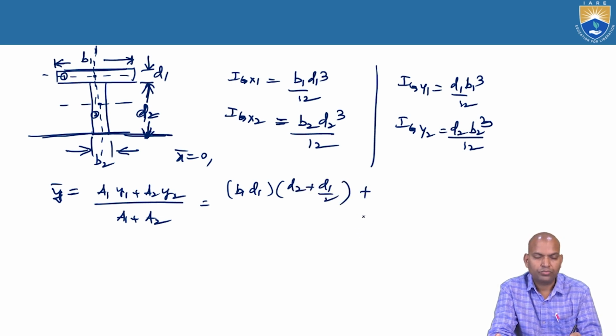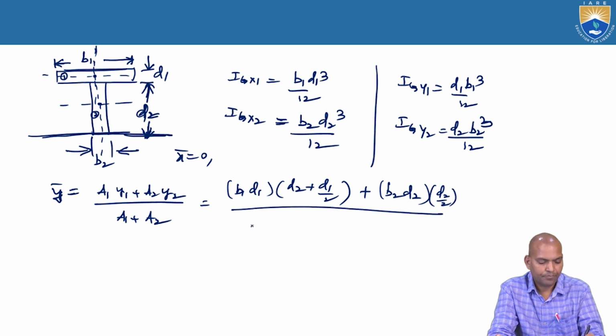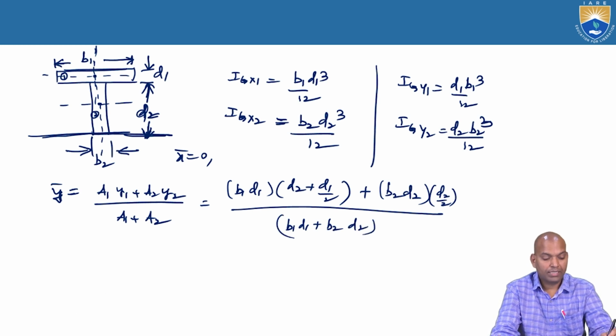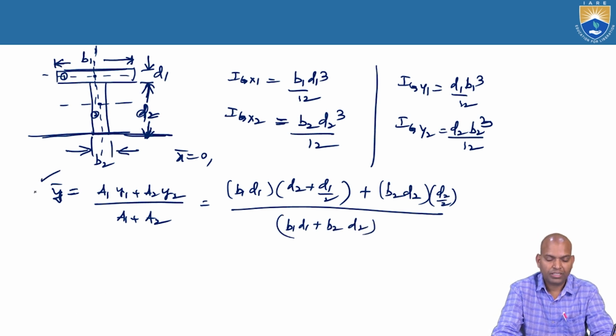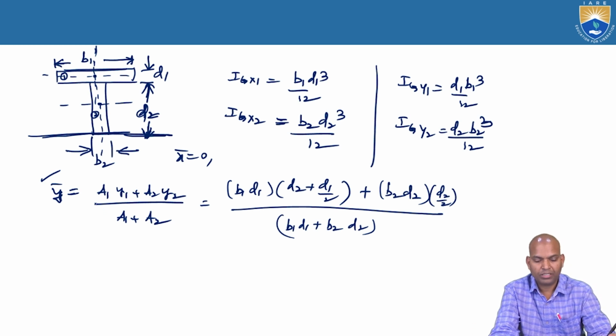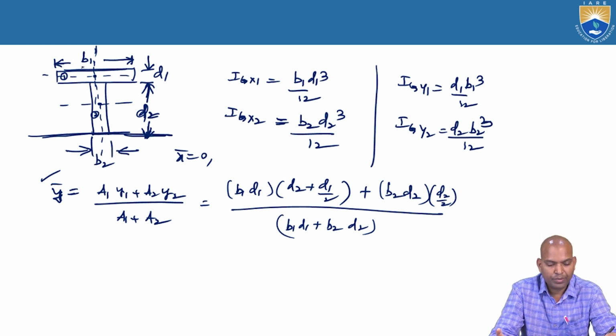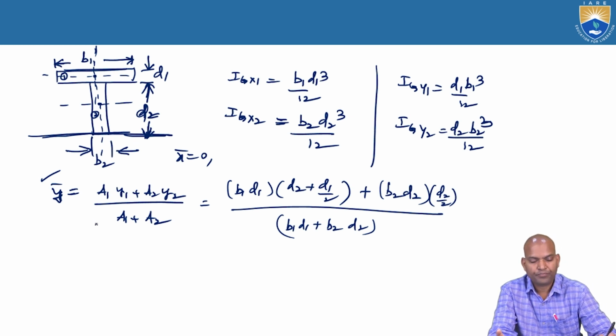What about a2? a2 is b2 d2, and y2 is d2 by 2, divided by a1 plus a2, that is b1 d1 plus b2 d2. We'll get this bar y value. If we know the quantities b1 d1 b2 d2 and substitute here, then we'll get bar y.